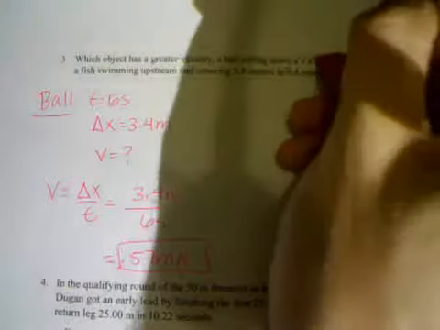And it said it rolled down the hill by 3.4 meters, and we're looking for velocity. If we just plug in our equation, just like that, we will get 0.57 meters per second. Okay? Really just following these steps, hopefully this is getting a little bit intuitive for you.